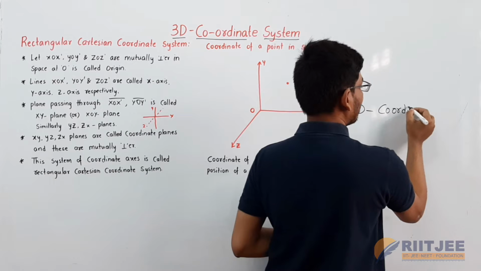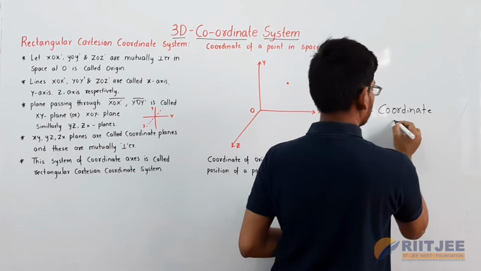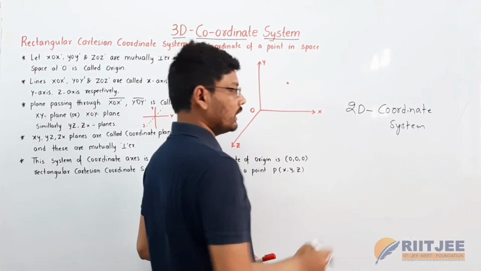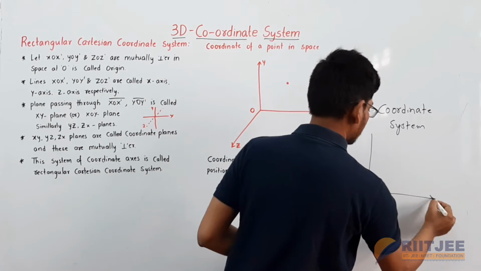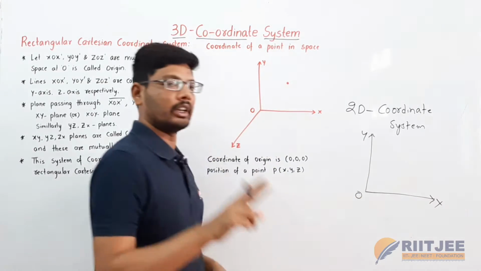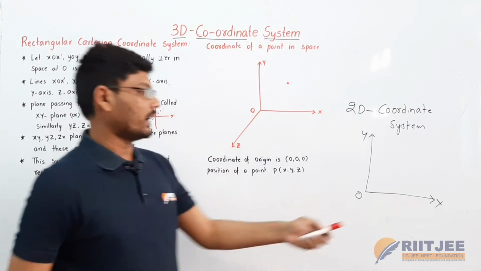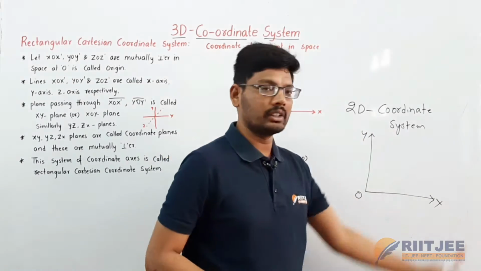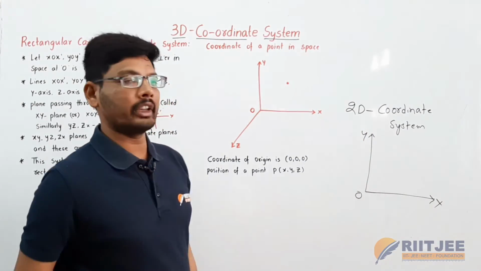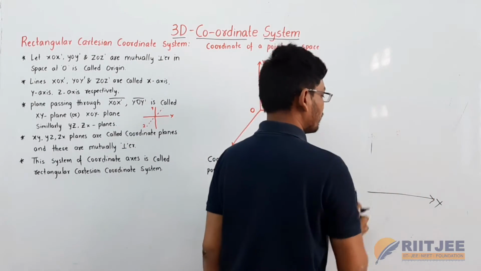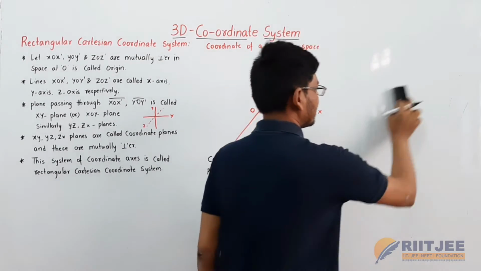The 2D coordinate system has only 2 axes, this is the x axis and this is the y axis, and only 1 plane. This is all about the 2D coordinate system that we learned in earlier classes.